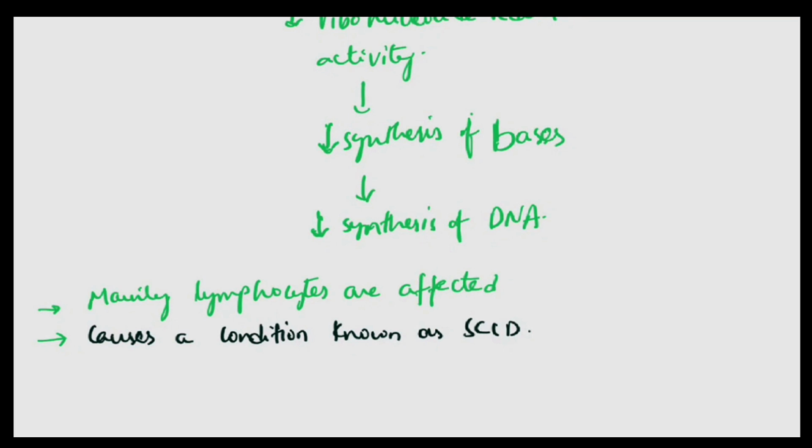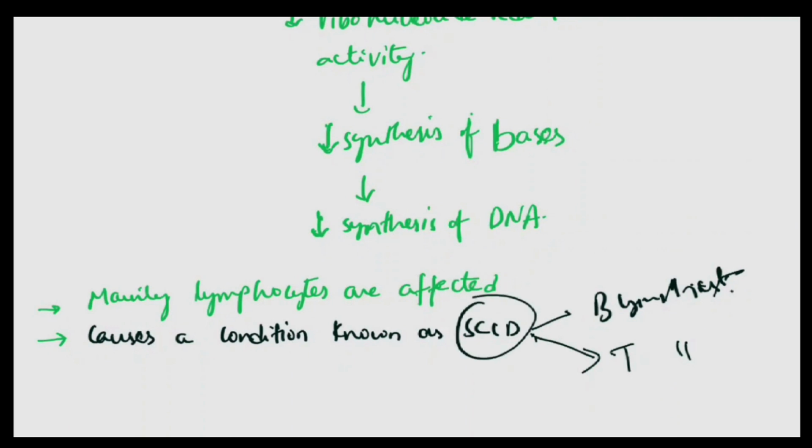That leads to a condition called SCID, which stands for severe combined immunodeficiency, where there is deficiency of both B lymphocytes and T lymphocytes. So adenosine deaminase deficiency is one of the major causes of severe combined immunodeficiency.